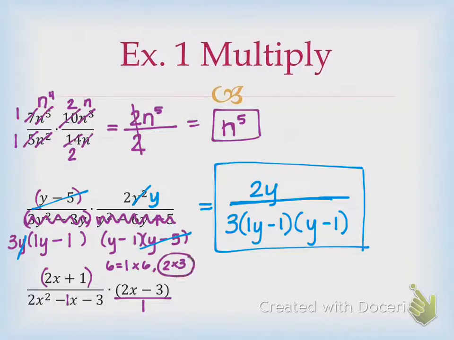What I've got to figure out, though, is because this is a minus sign right here, I know one of these is going to have to be a plus and one's going to have to be a minus. So I ask myself, okay, is the 2 going to be the plus or is the 2 going to be the minus? Well, let's look at B's sign. If B is a negative, that sign has to go to the largest term.